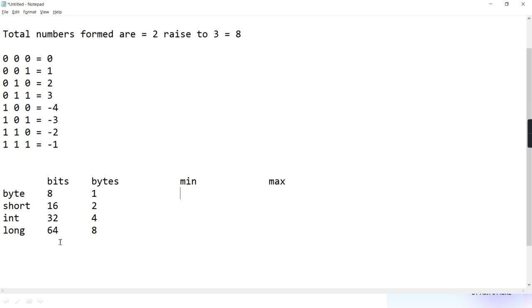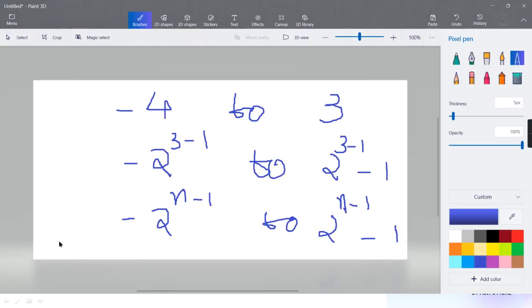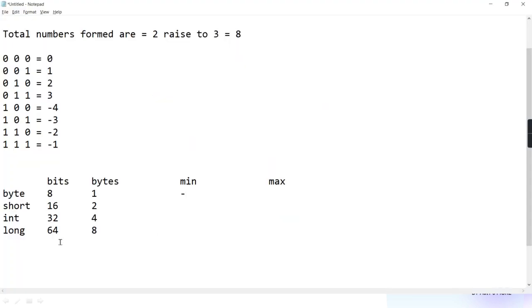Minus 2 raised to 8 minus 1. See the formula: minus 2 raised to 8 minus 1, which is 2 raised to 7.